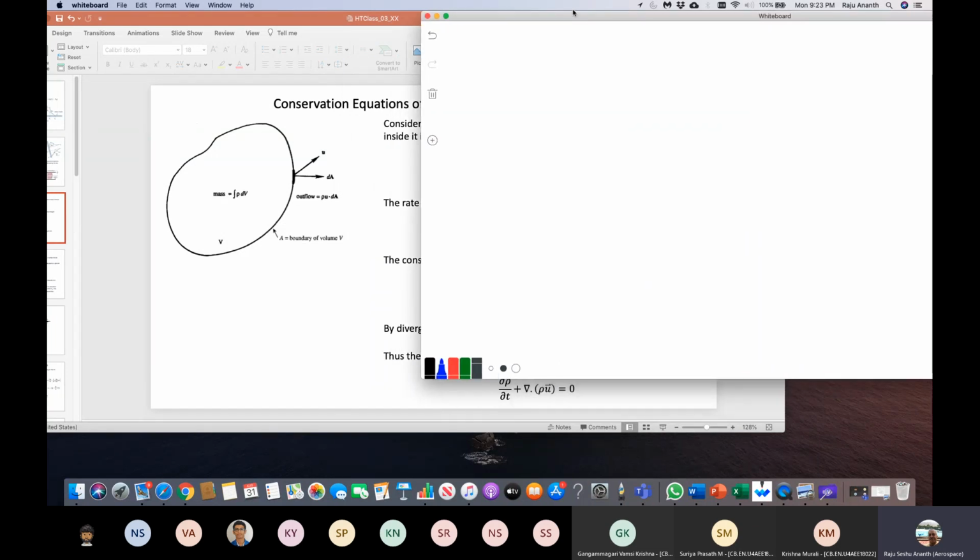Just applying the principle of conservation of mass, I determine my d rho dt plus the divergence of rho u is 0. It could be v vector, but I don't want to use v because of the volume here. Okay, let's go and look at exactly what this is.